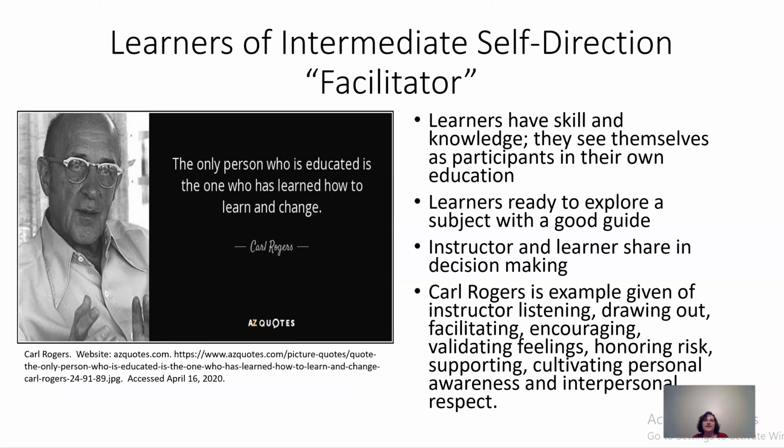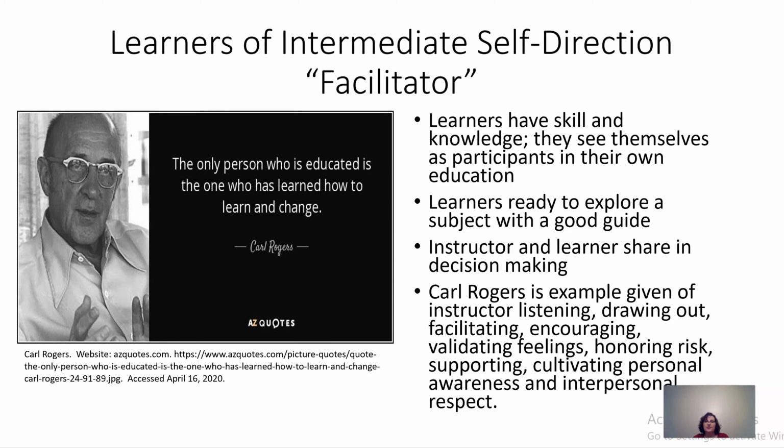Stage 3 is the intermediate self-direction, and this type of learner responds well to the facilitator. It's at stage 3 that the learner and the instructor have the most interaction. The learners have the skill and knowledge, and they are starting to see themselves as participants in their own education. They are ready to explore and looking for a guide to discover the educational process.